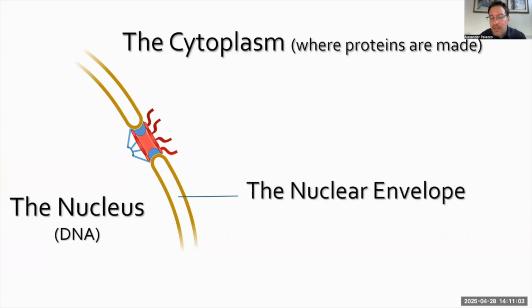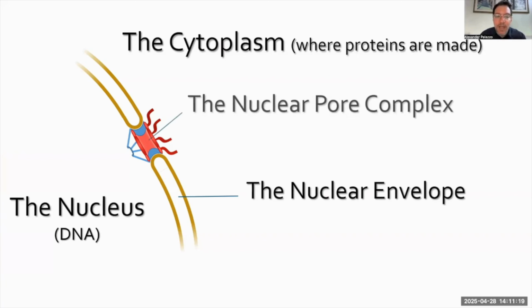What divides these two compartments is the nuclear envelope, and molecules have to move between them. Most of the time, the only way molecules can travel between the nucleus and the cytoplasm is through the nuclear pore complex.